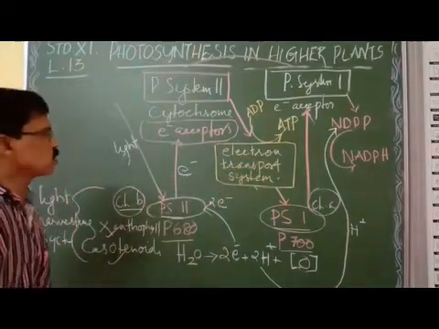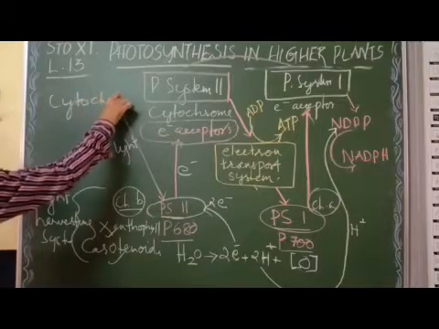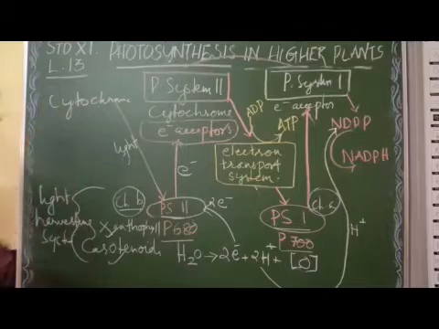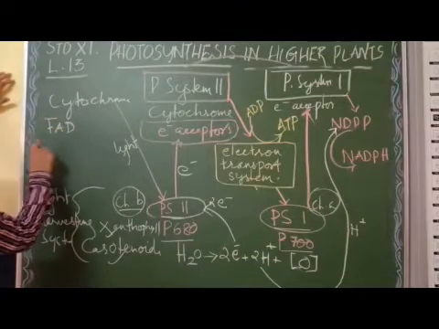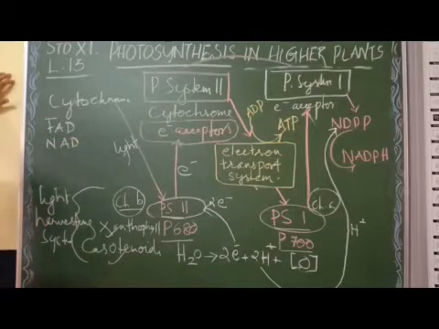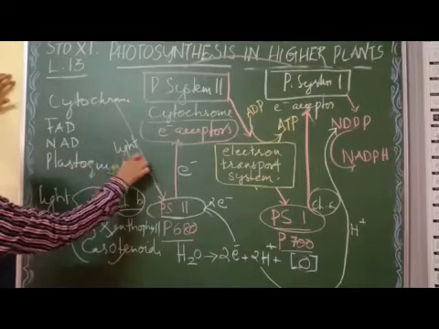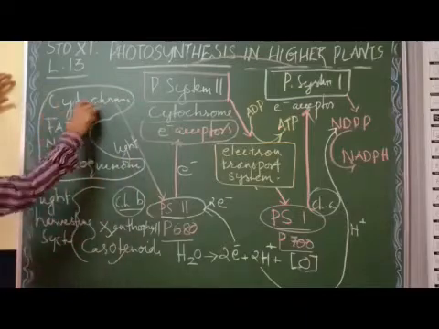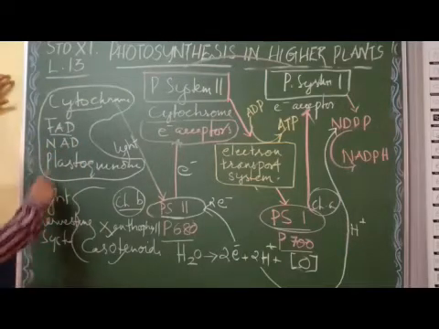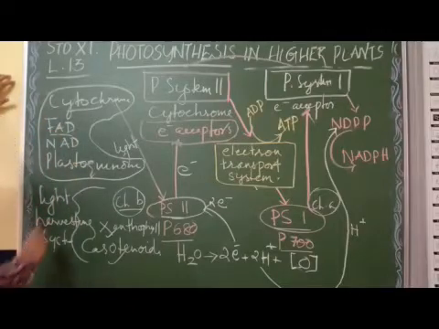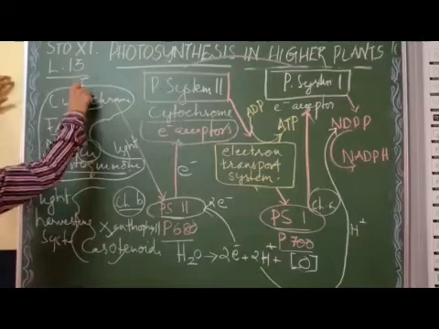The electron transport system includes many types of electron acceptors: cytochrome, FAD (flavin adenine dinucleotide), NAD (nicotinamide adenine dinucleotide), plastoquinone, and copper-containing protein.